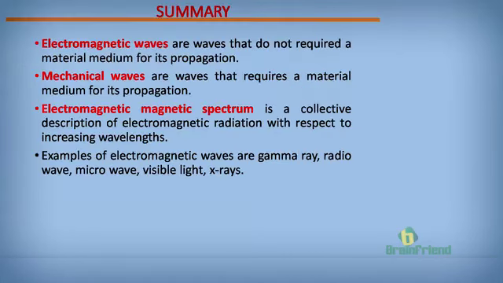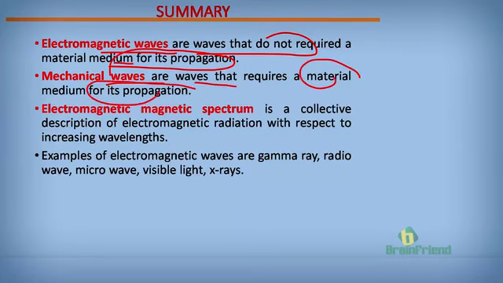Let's take a look at the summary of this topic. Electromagnetic waves are waves that do not require a material medium for their propagation. Mechanical waves are waves that require a material medium for their propagation.